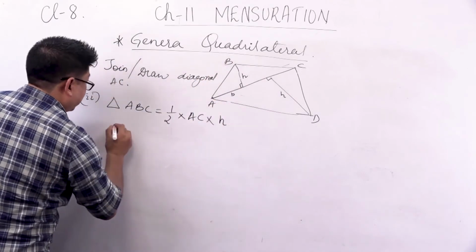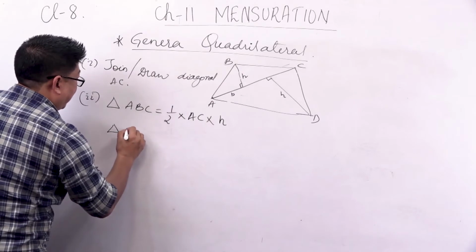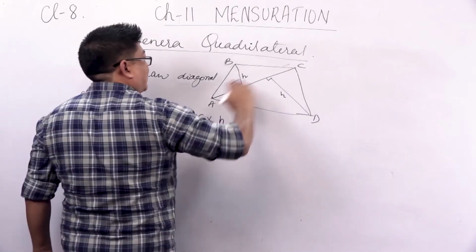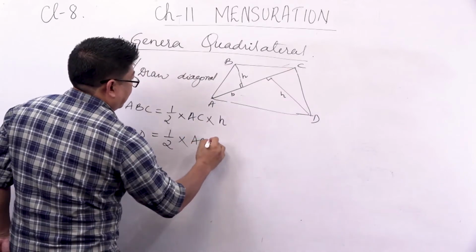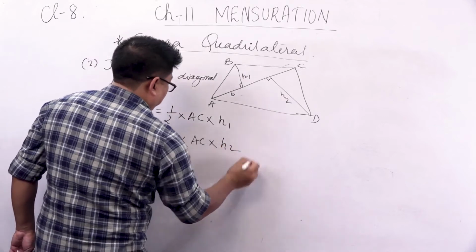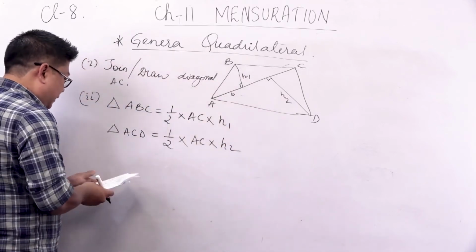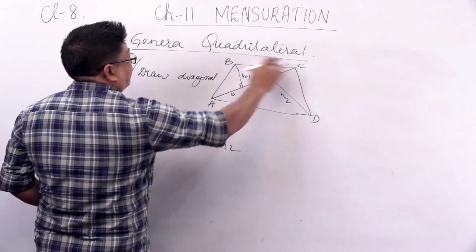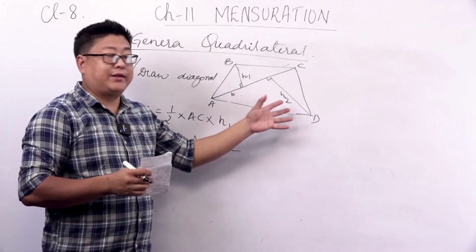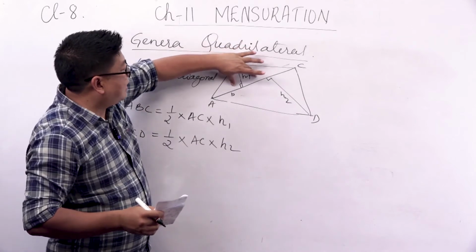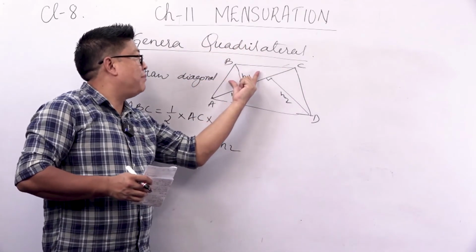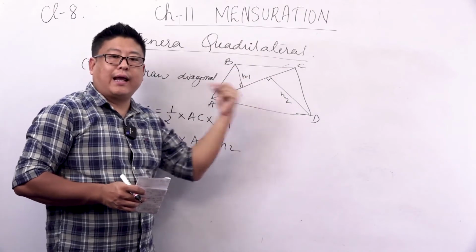And for this, the second triangle ACD, half into base is same again, AC, into, let's say this is H1, this is H2, height 2. Okay? So we have two areas, area of this triangle, area of this triangle. So to find the area of this quadrilateral, we simply have to add this area plus this area. That means area of triangle ABC plus area of triangle ACD.